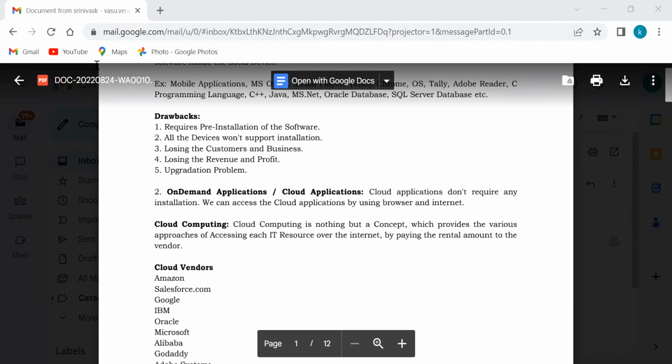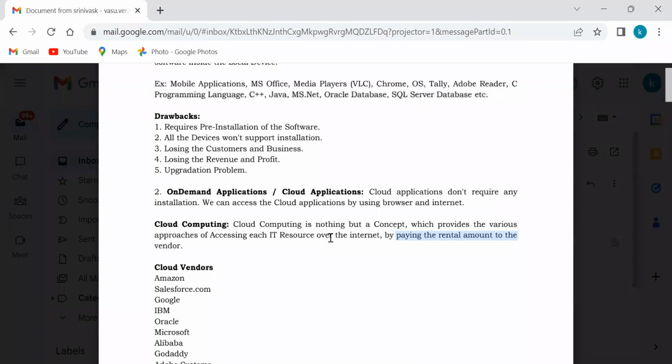That is called cloud computing. So cloud computing is a concept of having access to various IT resources over the internet just by paying a rental amount to the vendor.